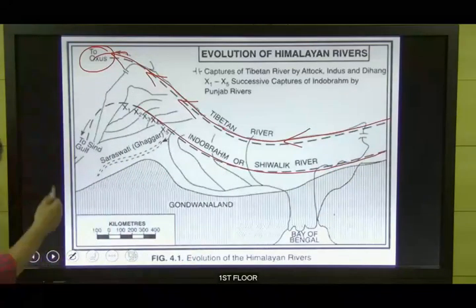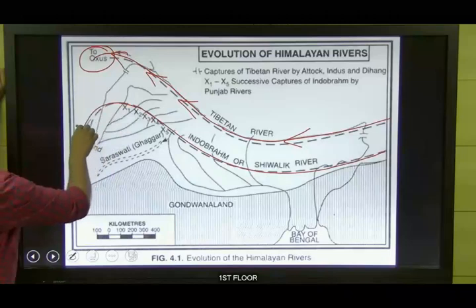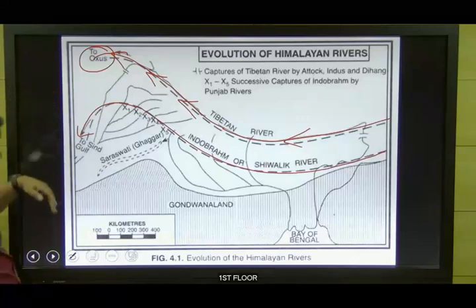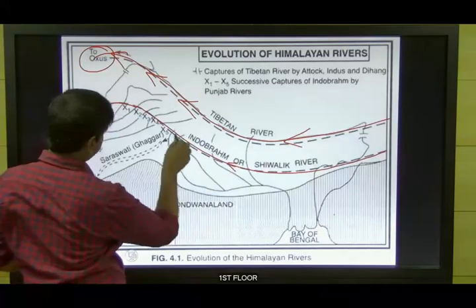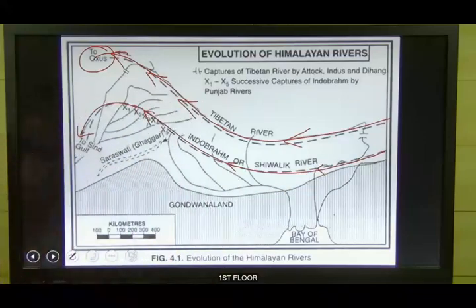Present day, the Shivalik range, that is the alignment of the river. That was draining into the Arabian Sea, to the Sindh Gulf. Both the rivers flowed from east to west. Understand this.